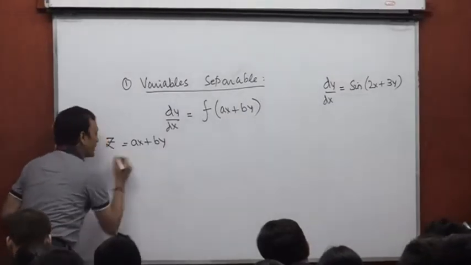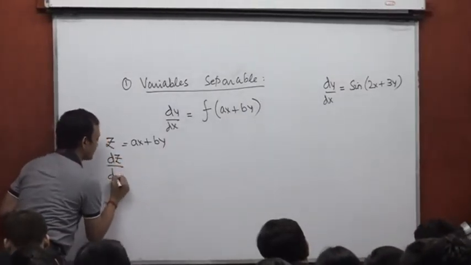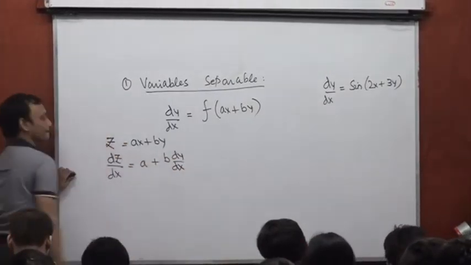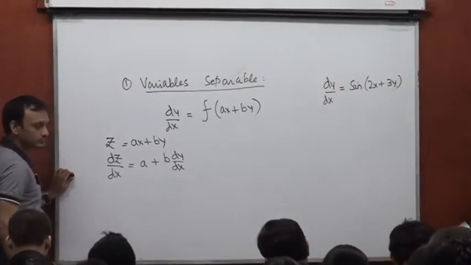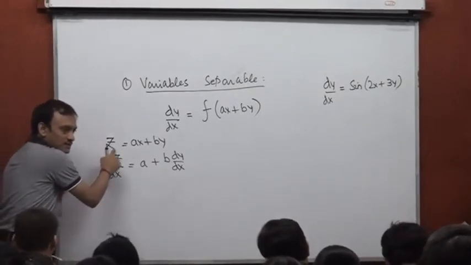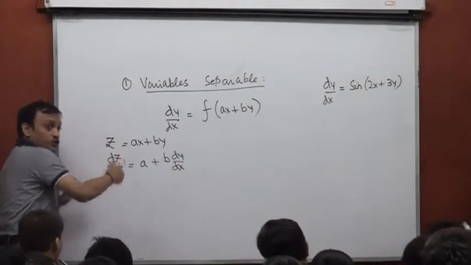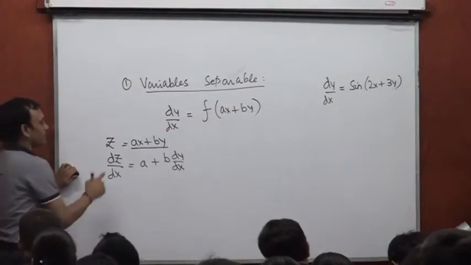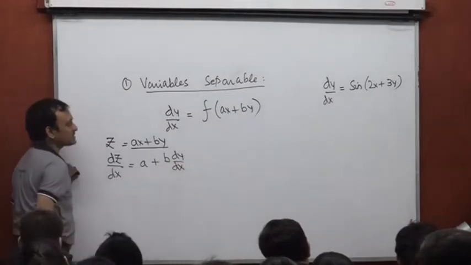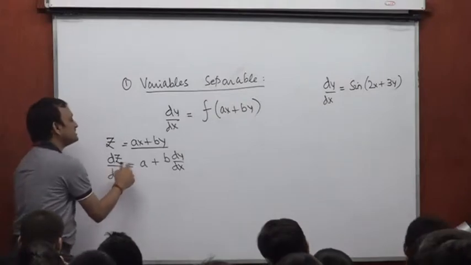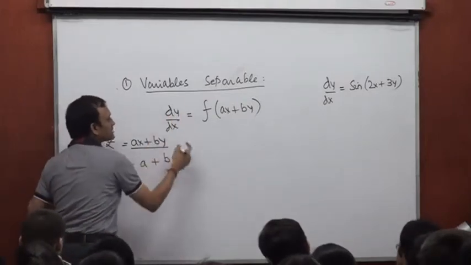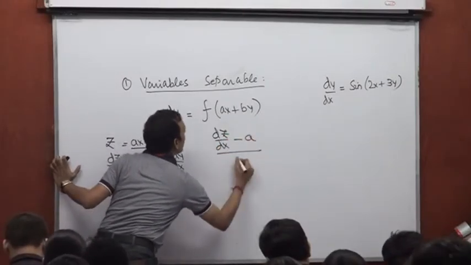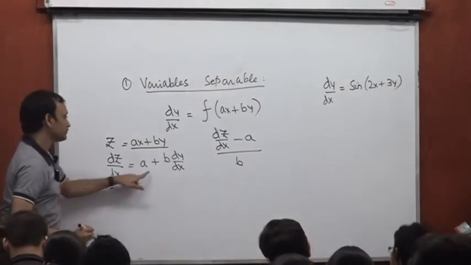If I differentiate z with respect to x, I get dz/dx equals a plus b dy/dx. So dz/dx becomes a plus b dy/dx, and dy/dx can then be written as (dz/dx minus a) divided by b.